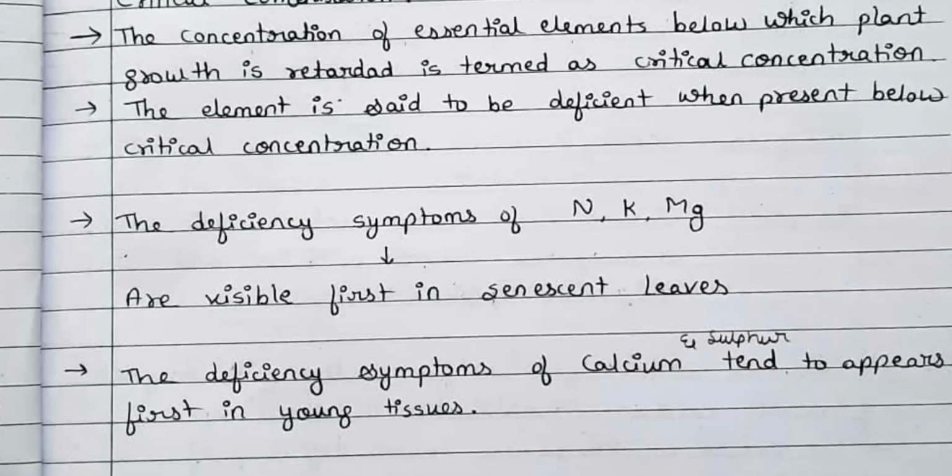Now, these deficiency symptoms vary from element to element, like nitrogen. If nitrogen deficiency occurs, then overall growth is inhibited because nitrogen is required by all of the plant. Suppose magnesium. Remember, magnesium's importance is related to chlorophyll.